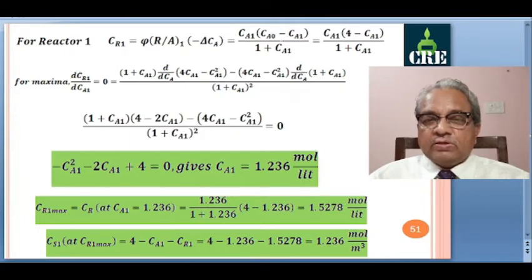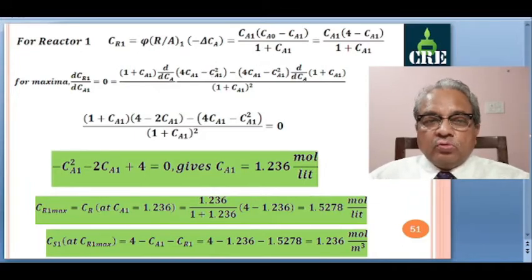Delta Ca is Ca1 minus Ca0, so minus delta Ca is Ca0 minus Ca1, into Ca1 divided by 1 plus Ca1. What we know is Ca0 is known, that is 4. We want to maximize this CR1. So dCR1 by dCa1, with respect to Ca1 you differentiate and equate to 0.